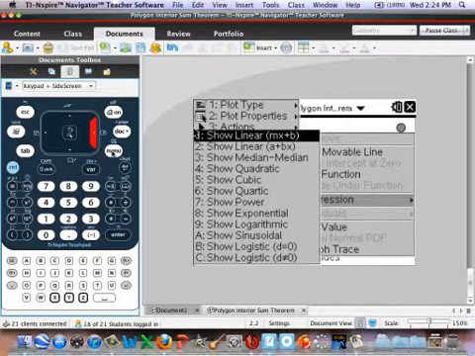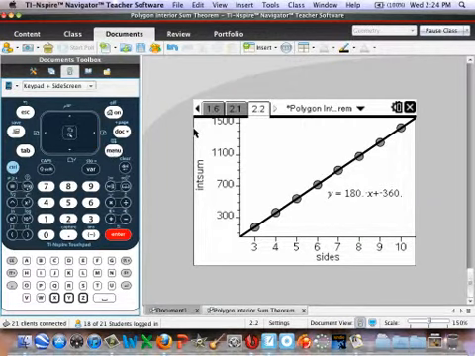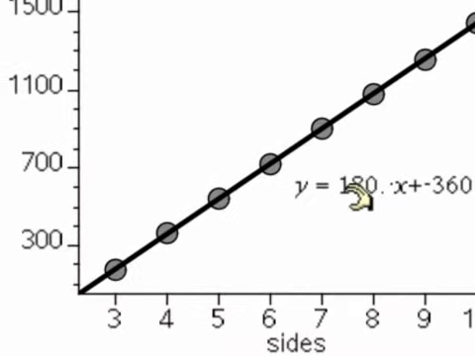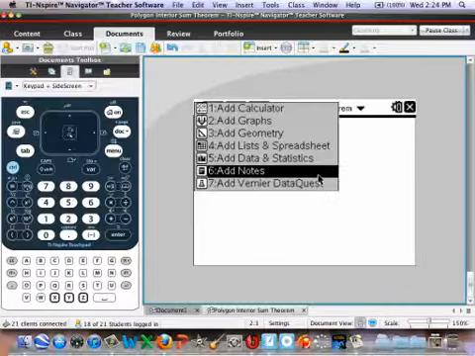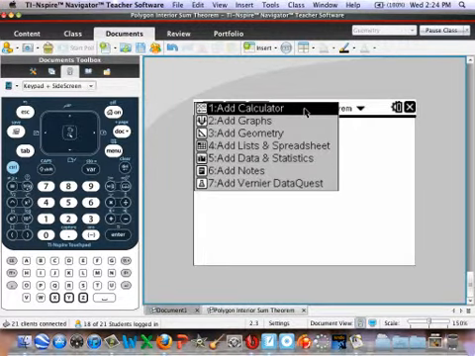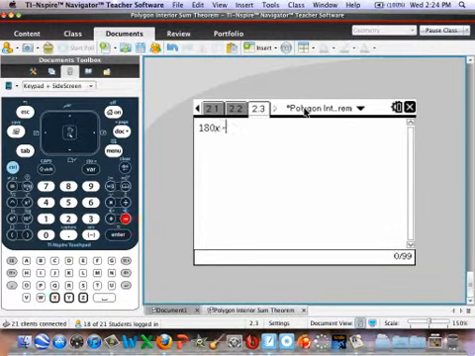We're trying to find a line that fits those numbers, so we're going to find the linear, and we come up with this equation. And it's a little hard to see there, so I'm going to scroll in a little bit here. And you notice it's 180x plus negative 360, correct? So another way of saying that is 180x minus 360, correct?